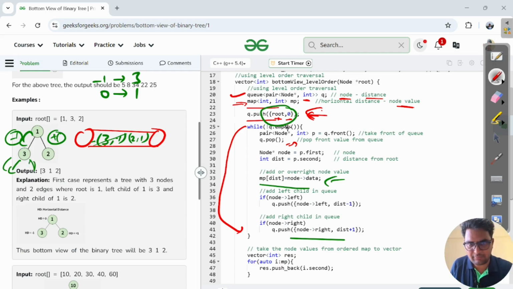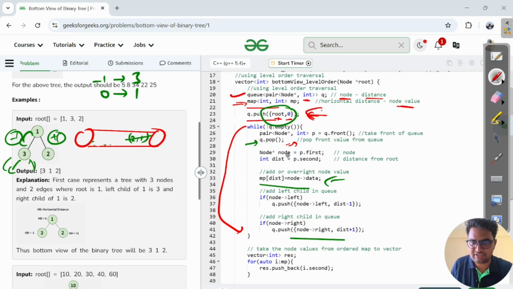And then we will come up here at the top of the while, and check if the queue is empty. No, the queue is not empty. We are still having one node here. Here see, we are popping it out. That is why I have deleted this one. So now we are having one node here, so we will take this out also, and we will pop this out, and then we will say p dot first.